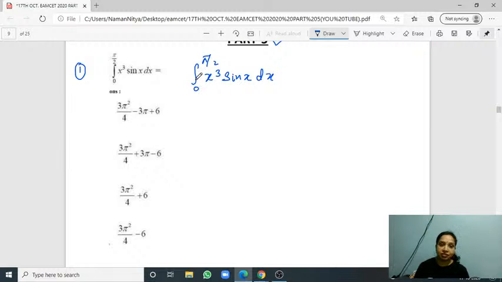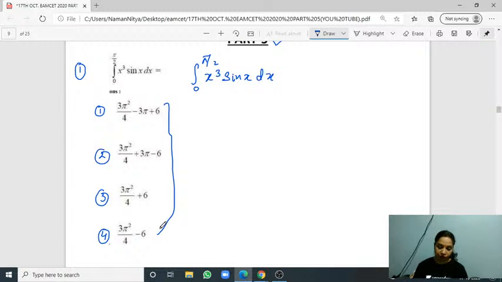Here limits are also given. The options are: first, 3 pi square by 4 minus 3 pi plus 6. Second is 3 pi square by 4 plus 3 pi minus 6. Third option is 3 pi square by 4 plus 6. And the fourth option is 3 pi square by 4 minus 6. So these are the 4 options.